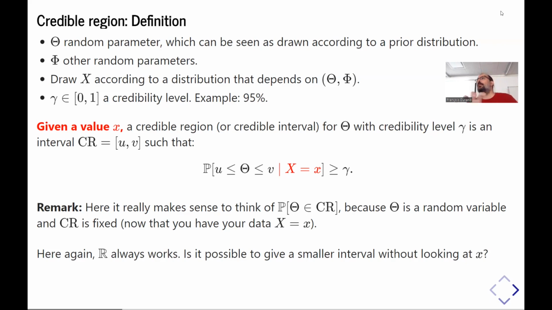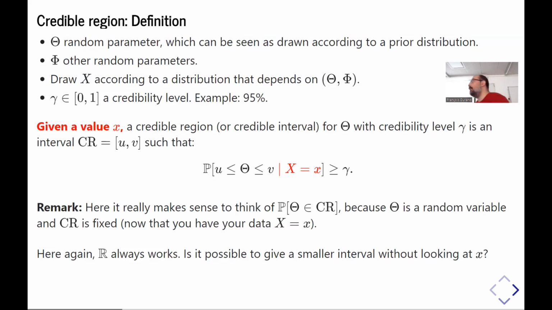So I have not written explicitly prior and posterior, but here, of course, is the formula for the posterior probability. And here, it really makes sense to think of the probability that theta is in the credible region, because in the Bayesian interpretation, in fact, the parameter itself is random.